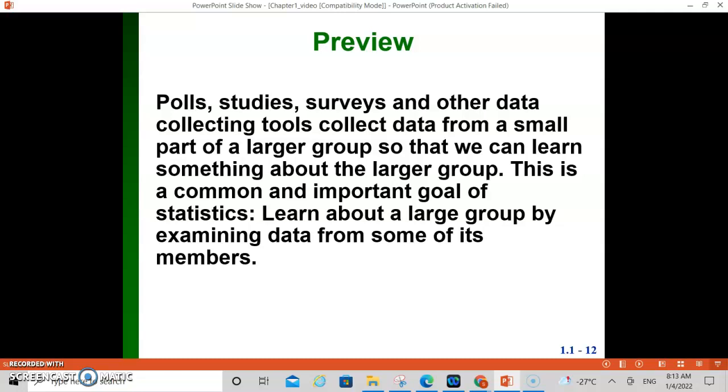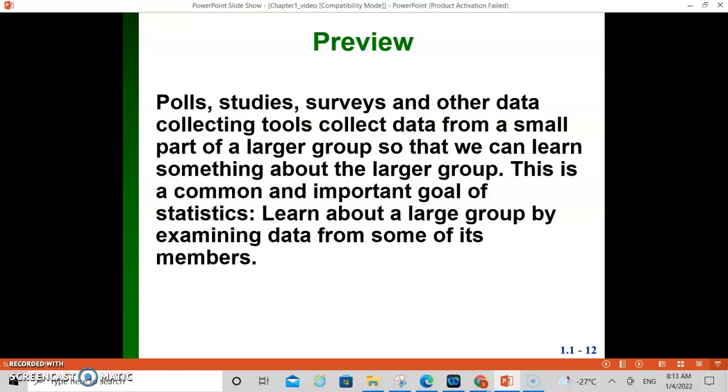For example, if I want to answer a question about your class, without asking 70 students, I pick 15 or 20 students to get the prediction. I can pick 5 from the front table, 5 from the middle, and 5 from the last row, ask questions, and based on that, I can make a decision. So that is called the sample.